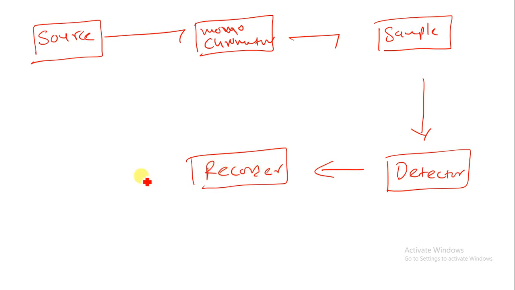Finally we get a graph in which we have percentage of transmission as well as wavelength.